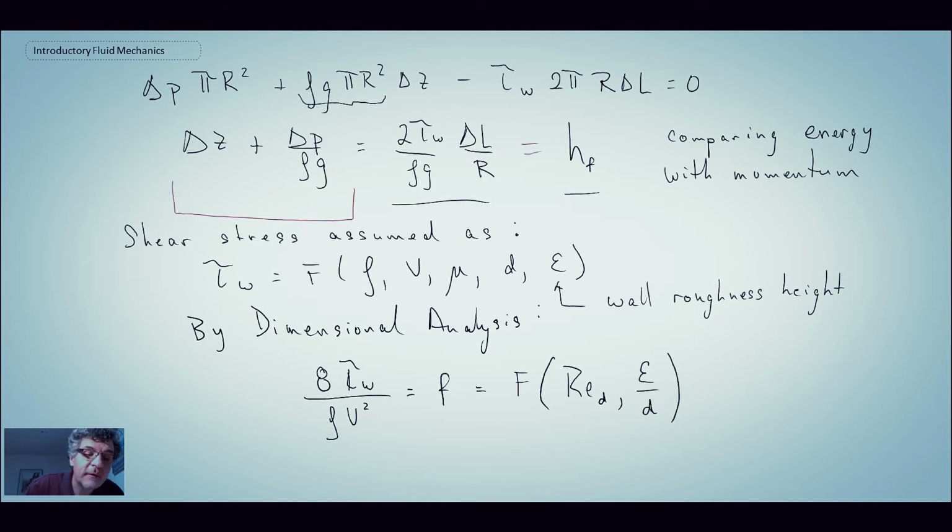And here what we're doing is introducing a new constant. And this is going to be something that varies depending upon Reynolds number and the roughness of the pipe. But this is called the Darcy friction factor. And when you're estimating pressure drop in pipes, it's all about determining the Darcy friction factor. That's really the main obstacle or the main goal. But right now it's just some non-dimensional constant that we don't know much about.